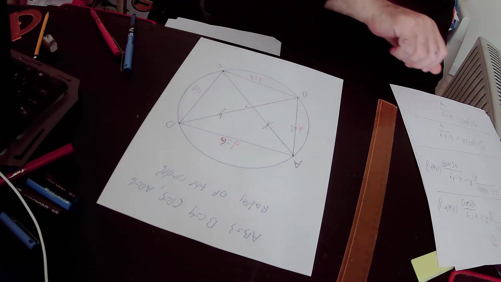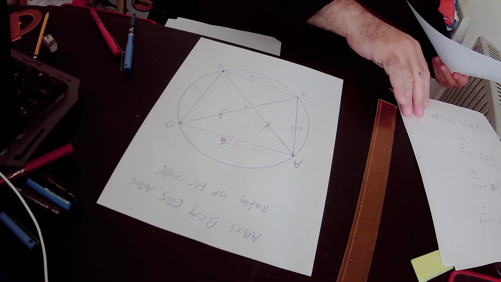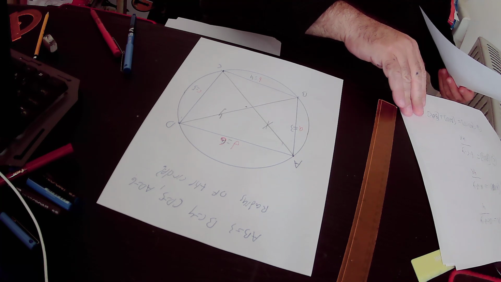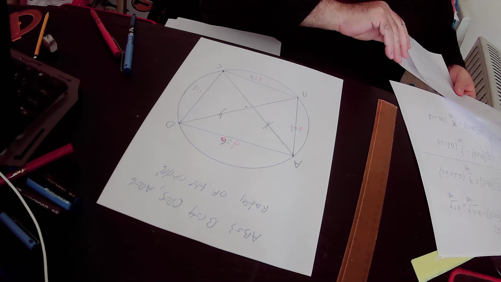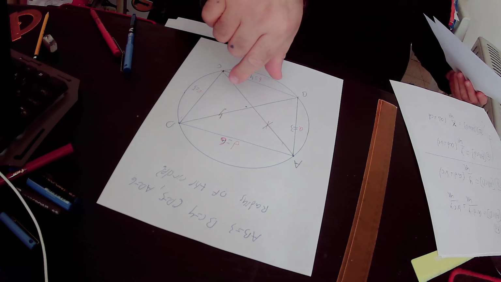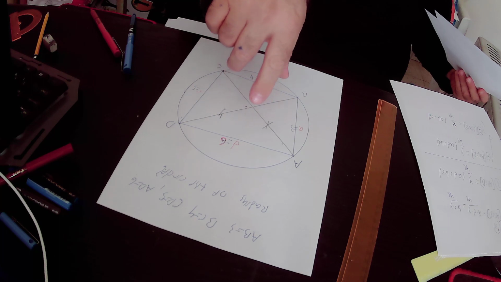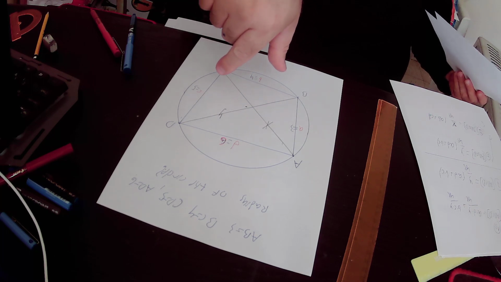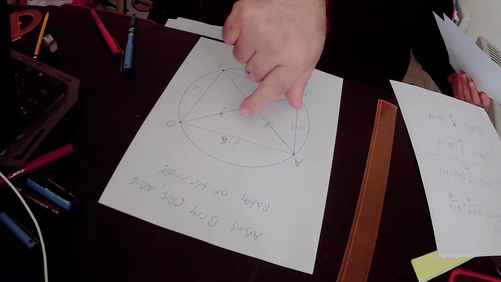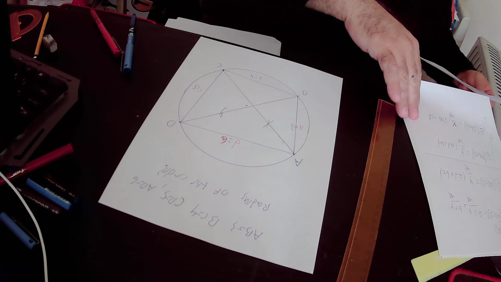Okay, and we found out that the area of quadrilateral ABCD equals the area of triangle BDC plus the area of triangle ABD.